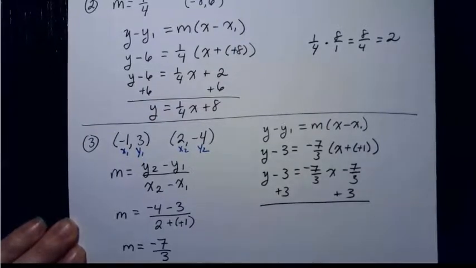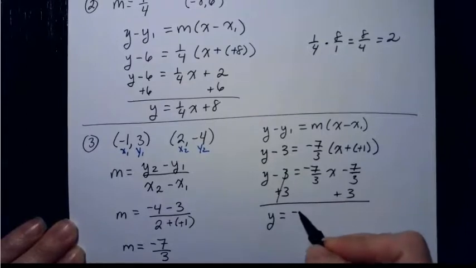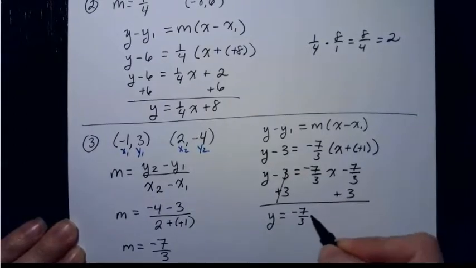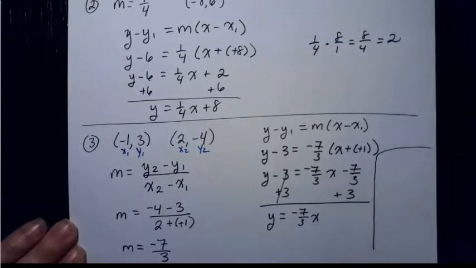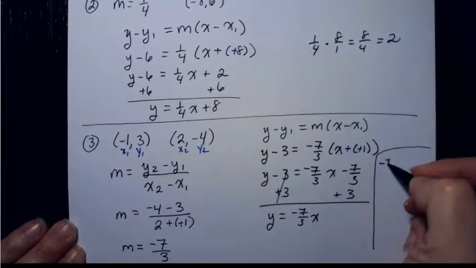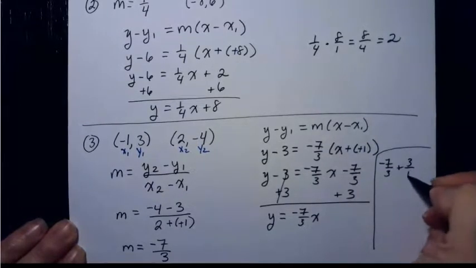All right, so I have to work with some fractions here. It's not a big deal. Let me just get this set up. So I'll have -7/3 x, and then whatever that sum is. Let's do that off to the side here. I have -7/3 plus 3 over 1.